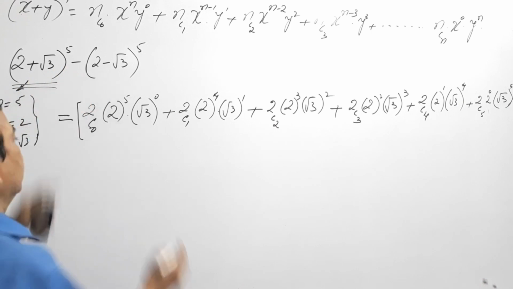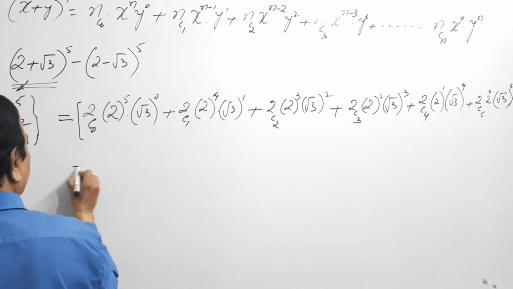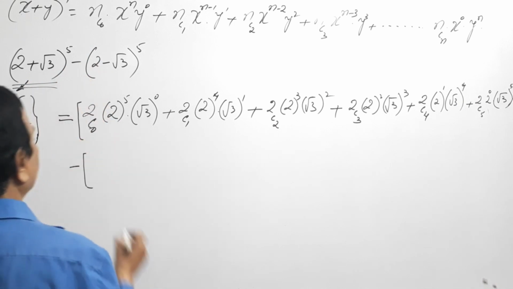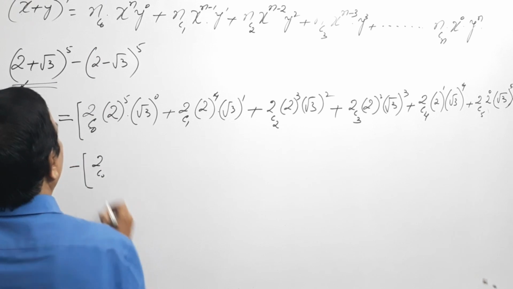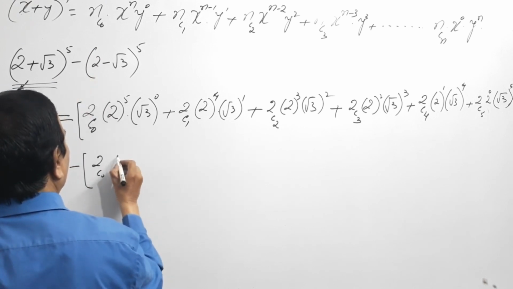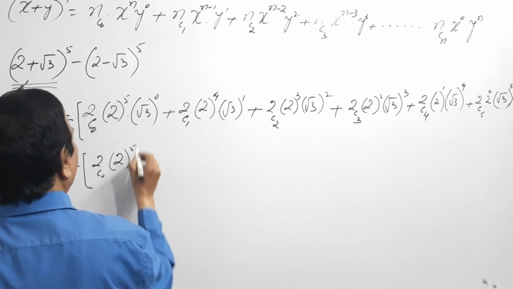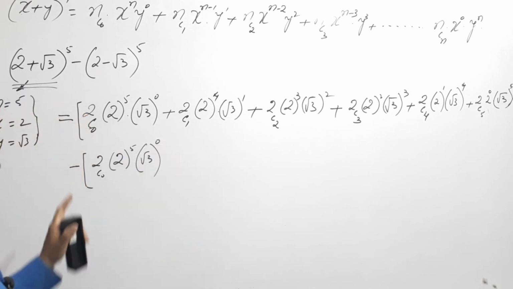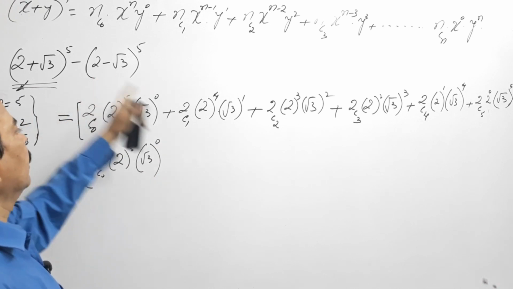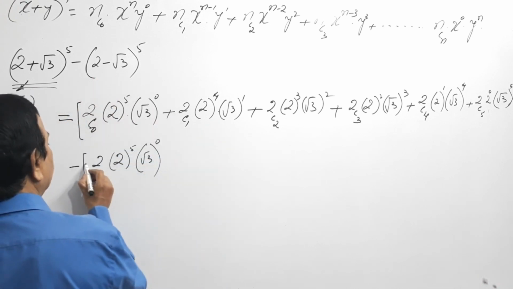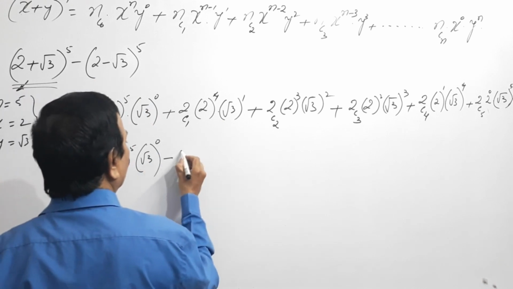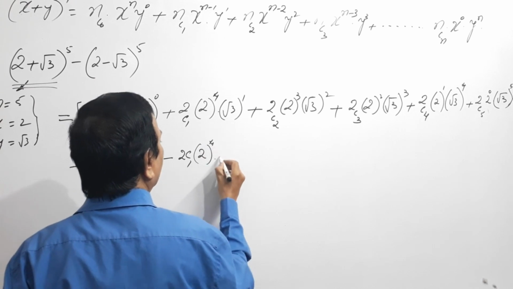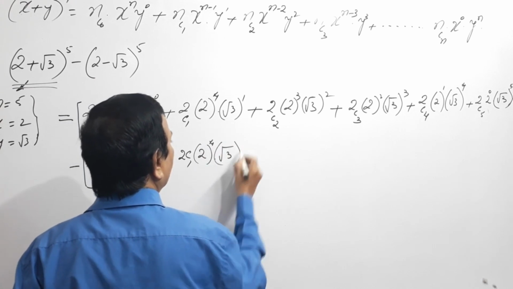Now we will think about this. So this is equals to, then this is minus, I will put a minus sign here. So this becomes what? 5C0 2 to the power of 5. This is again root 3 to the power of 0. So you started, the minus is there. So alternative sign, this is plus, now this minus 5C1 2 to the power of 4 root 3 to the power of 1.